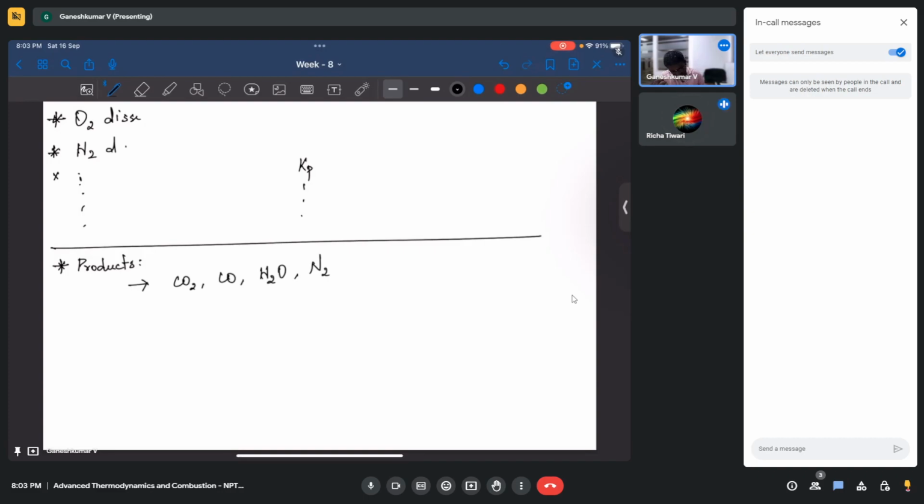It also makes sense to select these four products because hydrogen can be easily oxidized compared to carbon. Whatever hydrogen is present, oxidation can favor forming H2O, and carbon oxidation will take some time. So it's better if we use H2O.